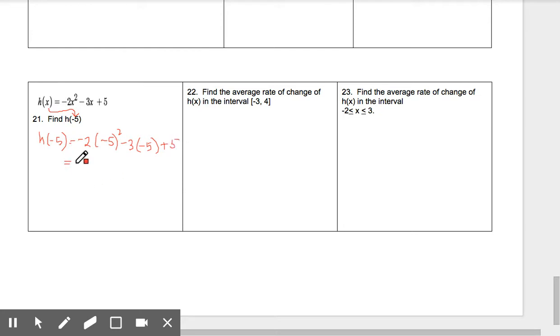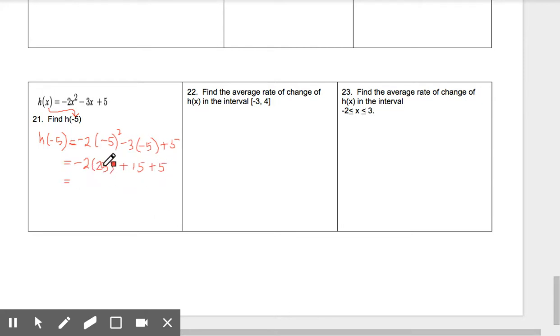It's equal to, well, we are going to square first. So we'll have -2 times, when we square -5, it's -5 times -5, which is 25. Then -3 times -5 is positive 15 plus 5.